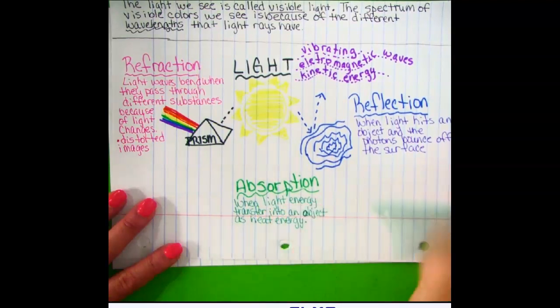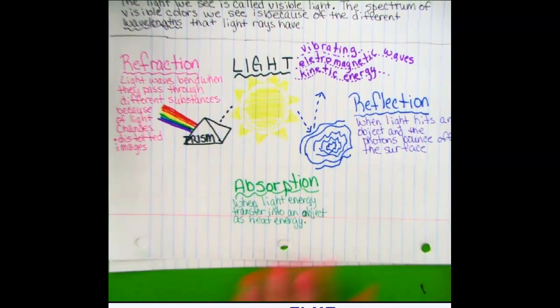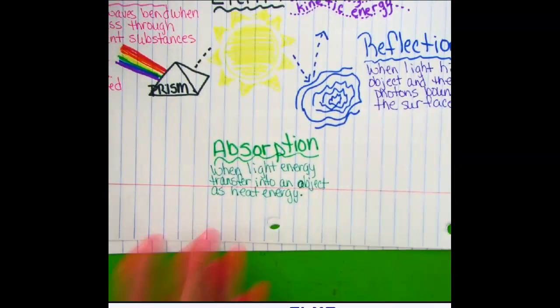As heat energy. It's kind of like when you're wearing dark clothes in the summertime, you get hot really fast, right? It's because your dark clothes are transferring the sunlight into heat energy or thermal energy, correct?